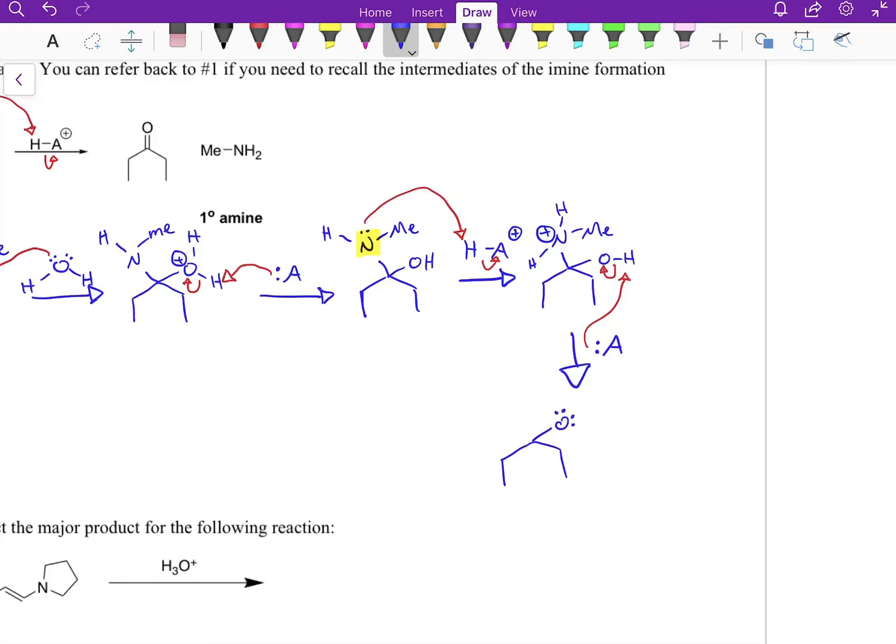So now you're going to have a negatively charged oxygen, and you still have a positively charged nitrogen, which you still need to neutralize.